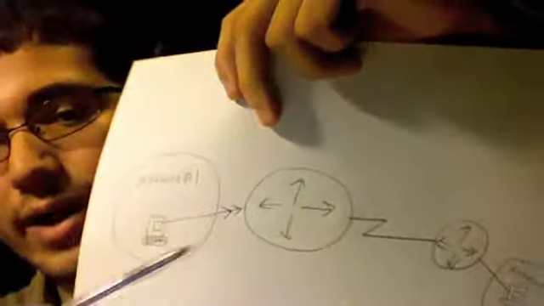So right here, let's say our computer on network 1 wants to communicate with network 2. It'll send its packet along the line to the router. The router will take a look at the packet, read where its destination is, and decide it has to be sent out the other end along this pathway between the two routers.